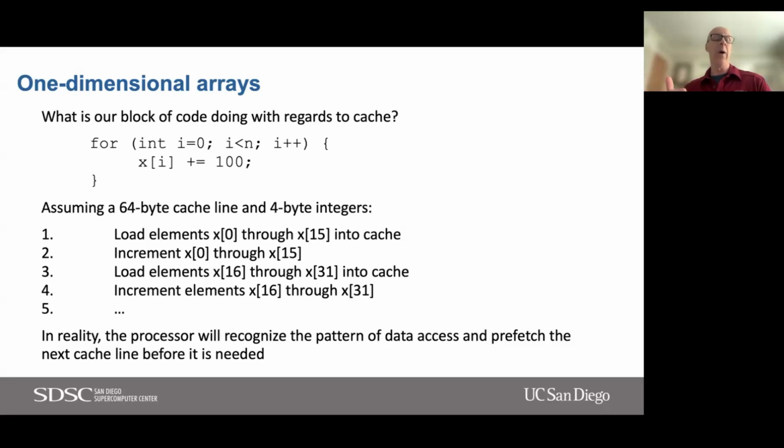And now, when we go to operate on element 16, we're going to need to load in that next cache line. So we're going to load that cache line, and now we're going to increment elements 16 through 31, and so on. Now, in reality, the processors are smart enough to recognize patterns of data access, and they are generally going to prefetch that next cache line before it's needed.